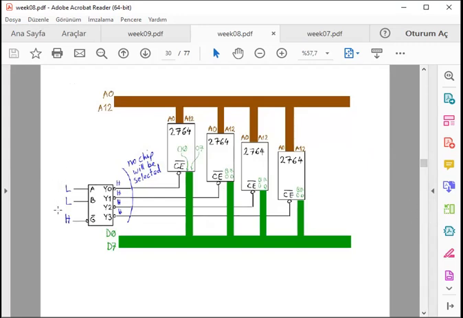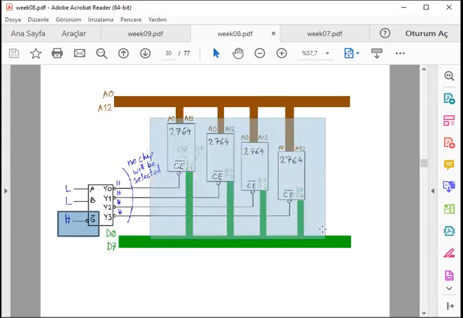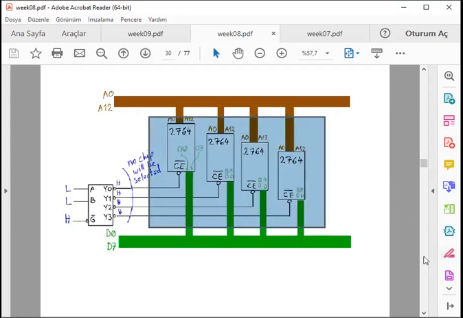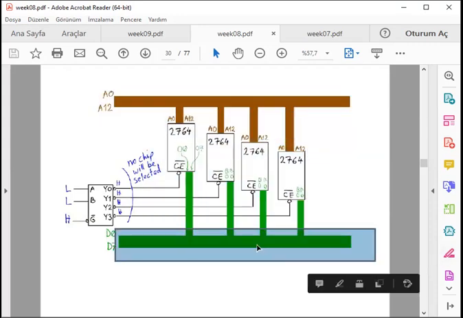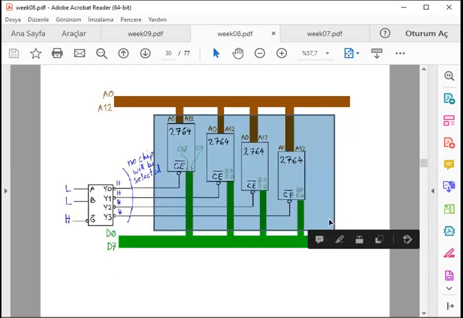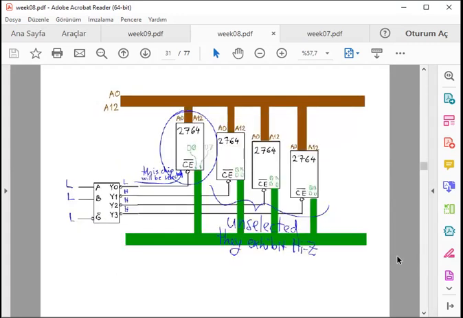So if enable is high at the decoder, none of the chips is active. Whatever the address or data, some other devices are utilizing this information, and these devices are not connected to the buses directly, so they are in high impedance state.